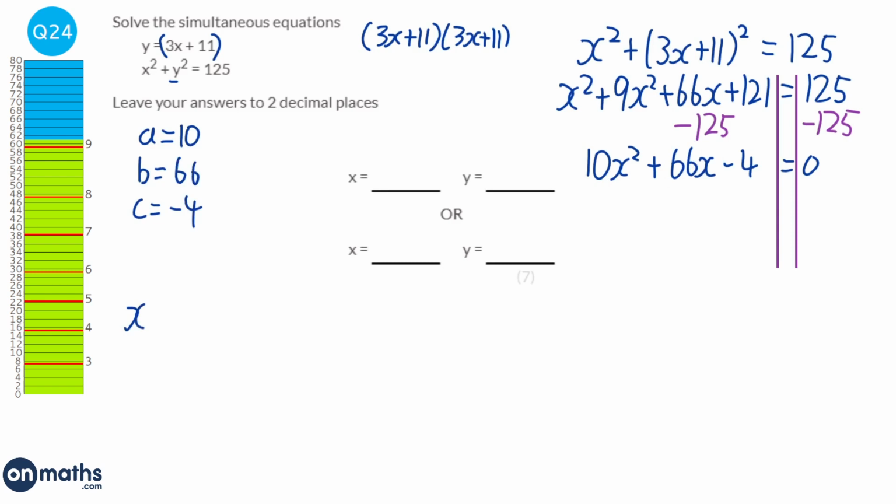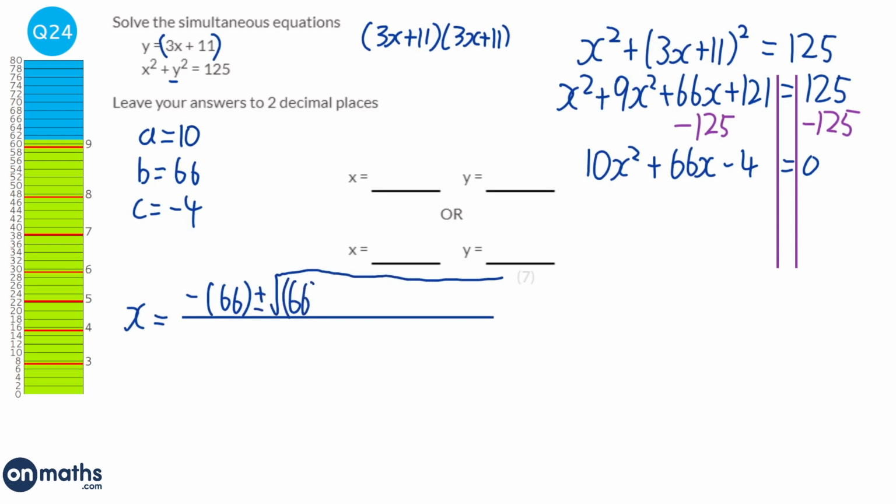The quadratic formula will be minus b, and I always put the values we substitute into brackets, because if they're negative that really helps us, plus minus square root of b squared minus 4 times a times c, all of that over 2 times a.